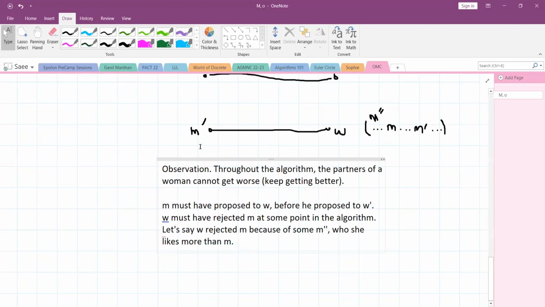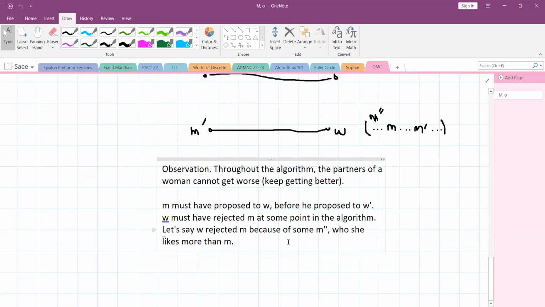But at the end, she is paired with M prime. Why can this not happen? Yeah, because she will not accept the proposal. Right. Exactly. Because of this observation, that the partners of women cannot get worse, they can only keep on getting better.